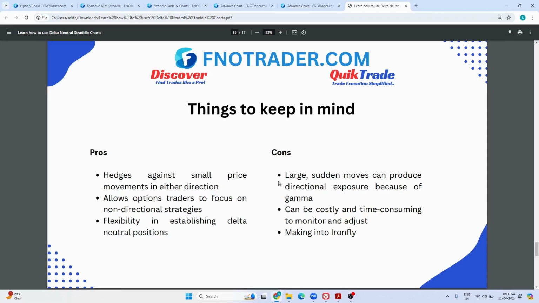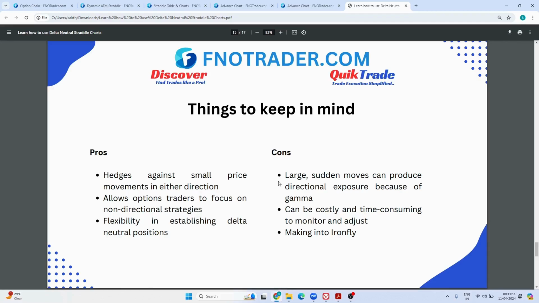The delta of that particular strike, if it is going out of the money, then your delta becomes 0.3, 0.2 like that. On the other side, your delta becomes 0.7, 0.8 like that. Now you are no more delta neutral. So you are exposed to directional risk, and that is difficult to manage if the move is sudden and large.